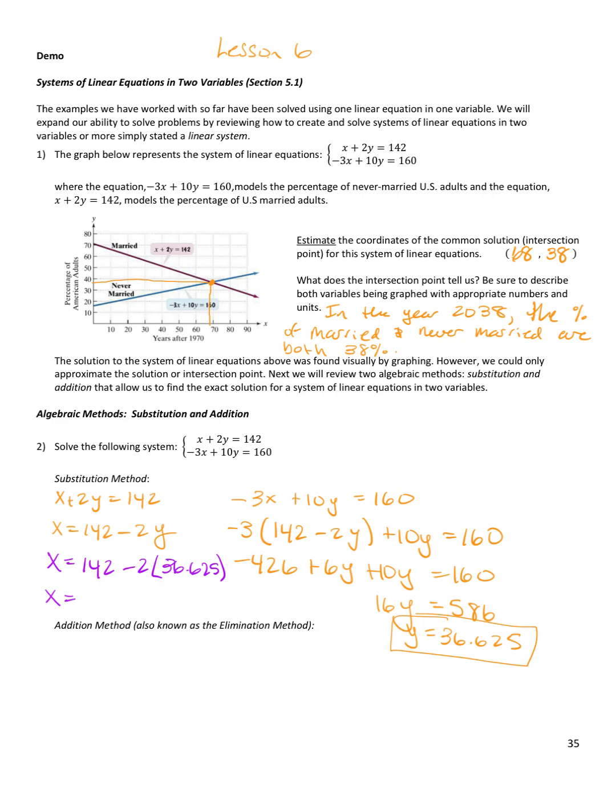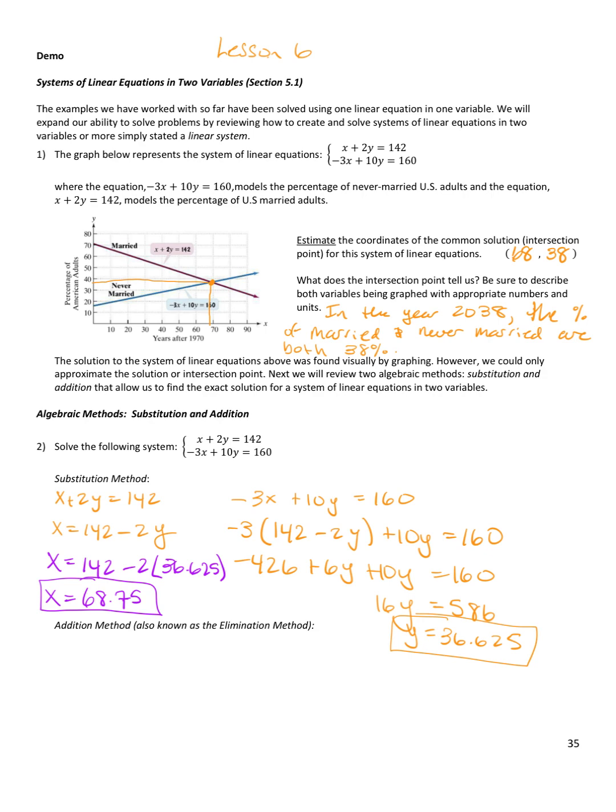So x comes out to be 142 minus 2 times 36.625, 68.75. So that's the year. Okay, so we had estimated 68, which is the year 2038. So it was a pretty good estimate, but to be more exact, we could say 68.75 years after 1970.